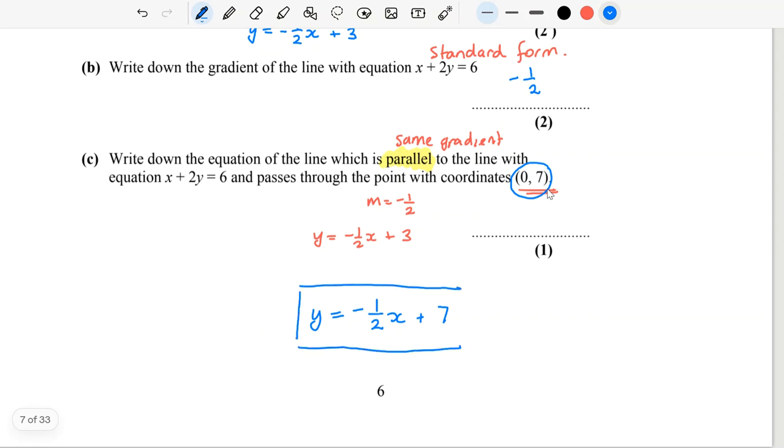Now, although it's not asked for in this question, how could we now go to standard form? Any ideas? From this back to something that looks like that. So we've got to do the reverse of the rearranging. What would you do? Well, it's the same gradient, so it would just be 2y.